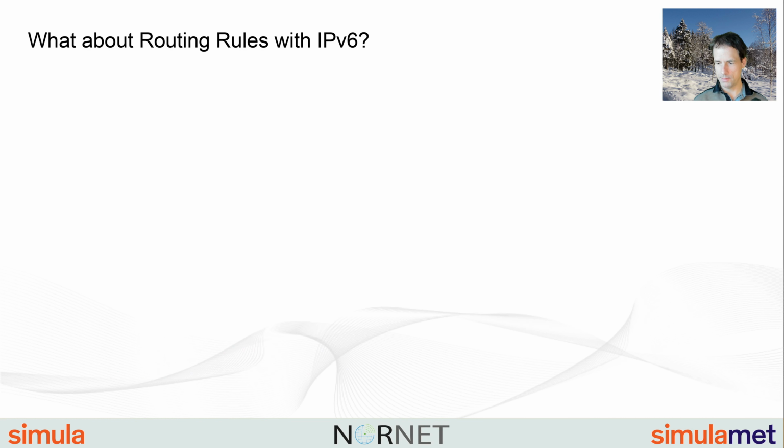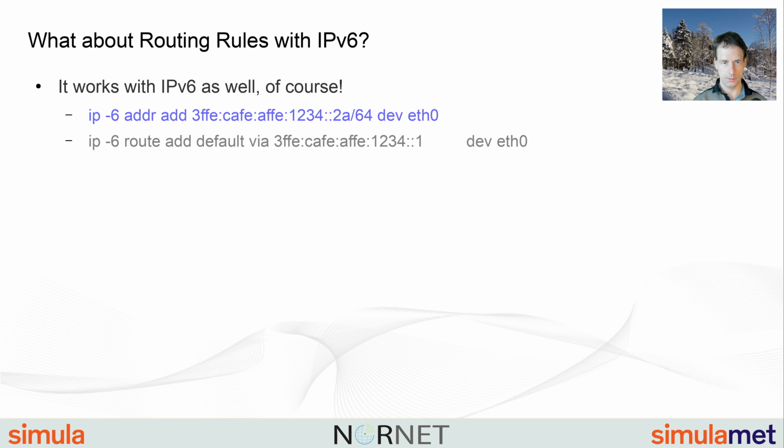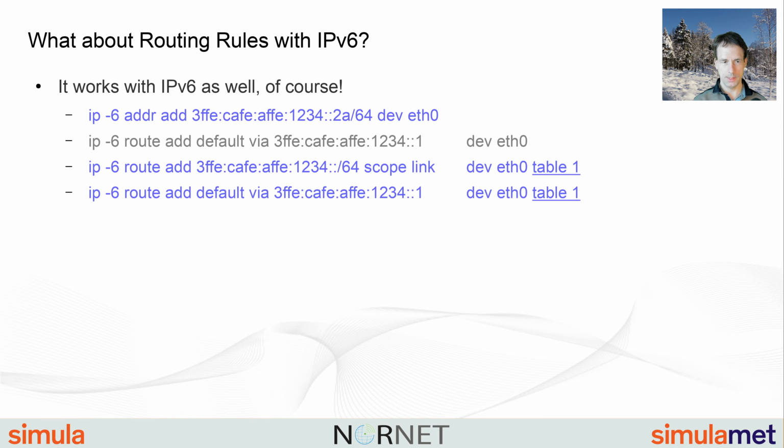So can we do the same with IPv6 as well? Of course we can. We can add an IPv6 address to Ethernet 0 and again define table number 1. IPv6 is of course a different network layer protocol, so it has its own routing tables obviously. So in this case we use the IPv6 table number 1; before we had the IPv4 table number 1.